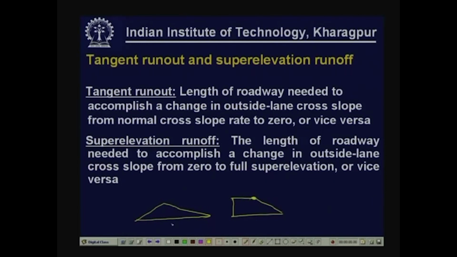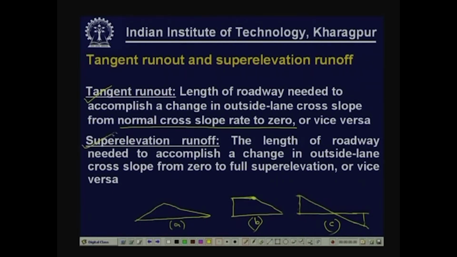From A to B, this is achieved over a length, and from B to the final superelevation, this is achieved with respect to the rotation about the center line, to attain the full superelevation, so from B to C. So, A to B, this portion is known as tangent runout: outside cross slope from normal cross slope rate to 0. This is the normal cross slope to rate 0, because it is a flat outer edge.